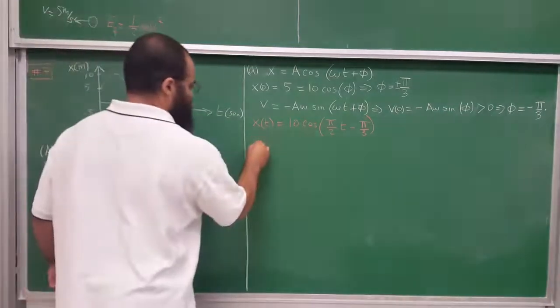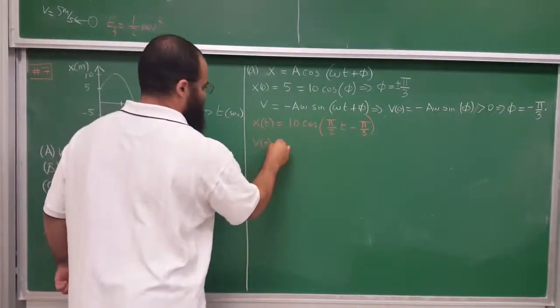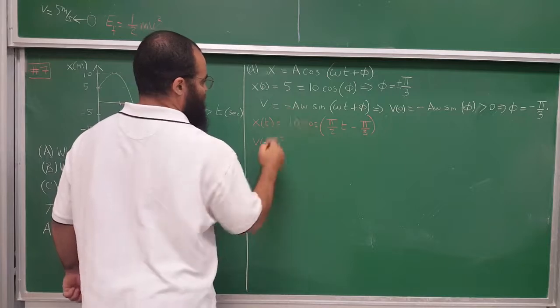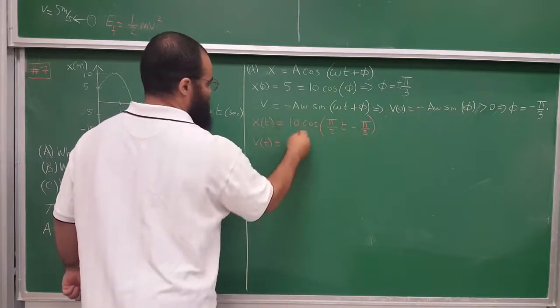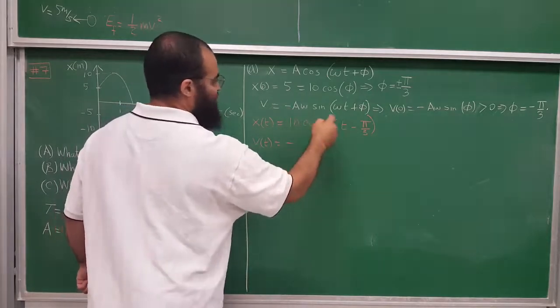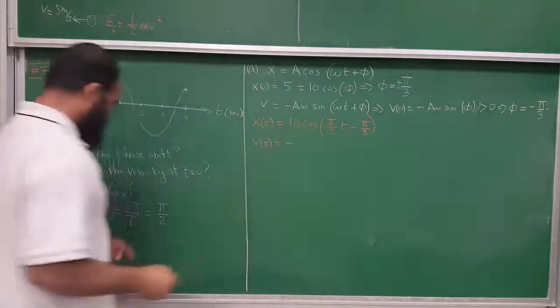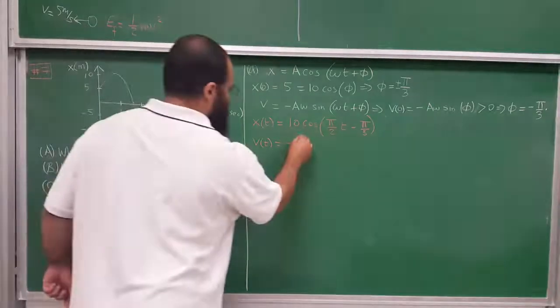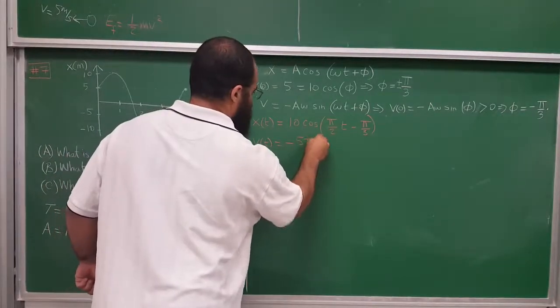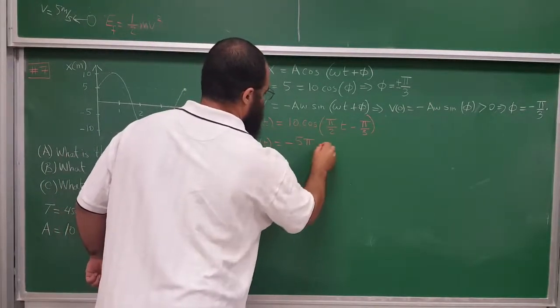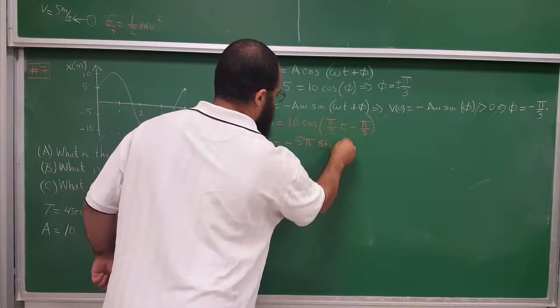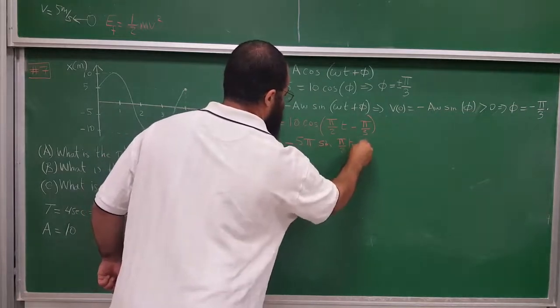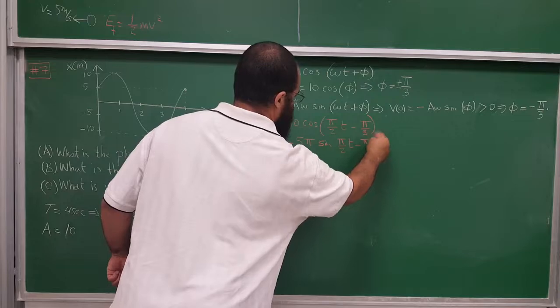The velocity as a function of time will look like so. It's negative a omega, so minus, the amplitude is 10, 10 times omega, omega is, we said, pi over 2. So 10 times pi over 2, that's 5 pi, so negative 5 pi times the, not cosine, sine of pi over 2 times t minus pi over 3, like so.